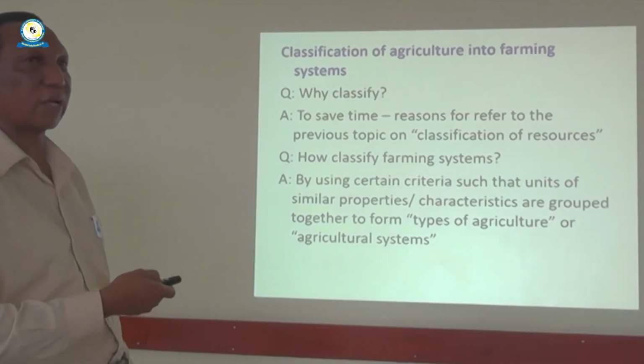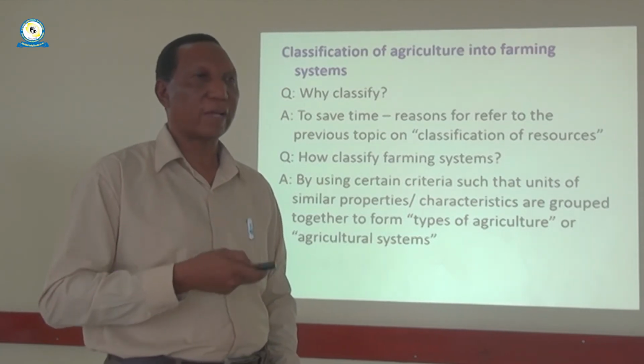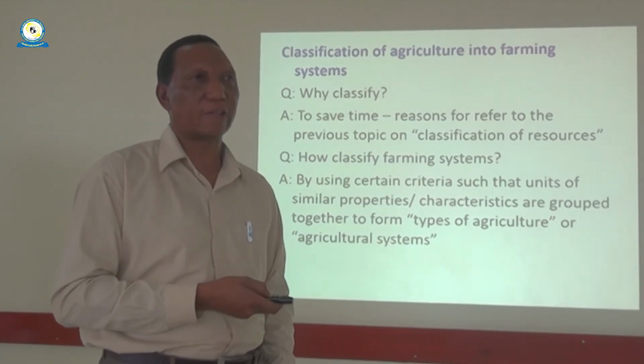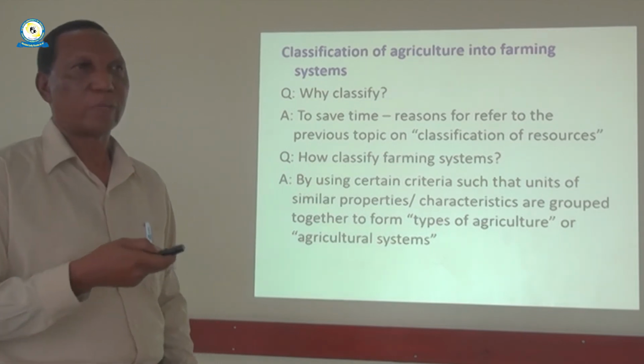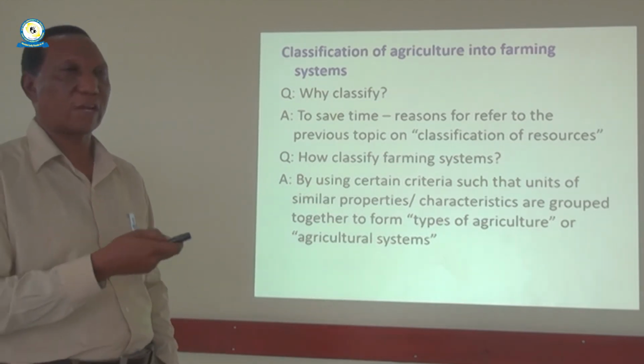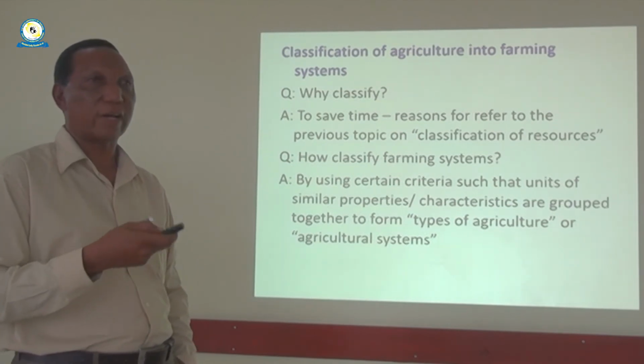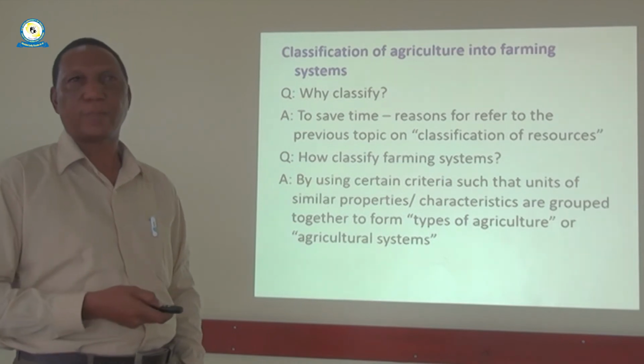Basically, you cannot study all different types in their varieties, which are very numerous. You have to classify these into subsections, subgroups, so that you can study them meaningfully. Even agriculture, you can't study every kind of cultivation.